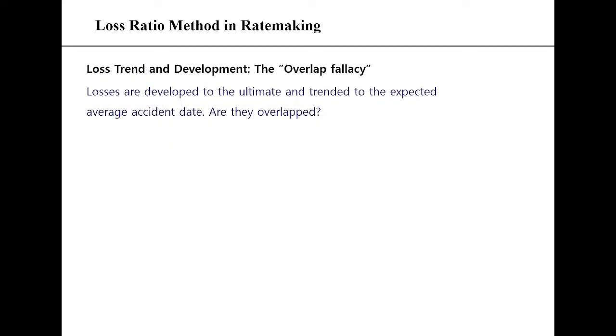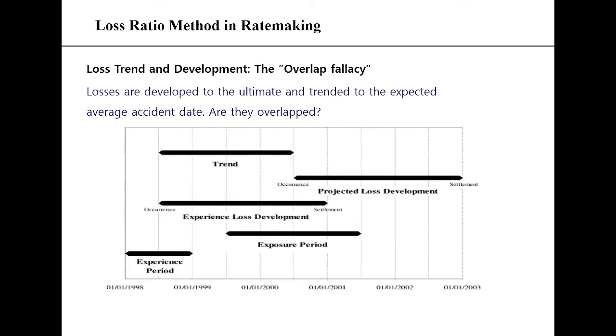And also, I just want to point out the very famous term, overlap fallacy. It has been more than five decades, but here it clearly says that. When we use, let's say, accident year 1998, this is the experience period, right?